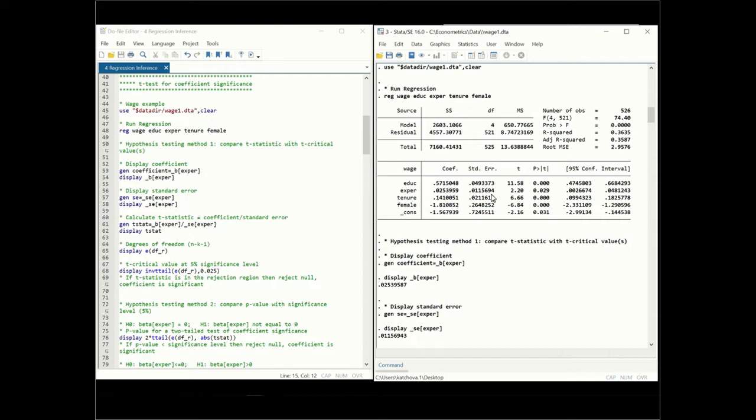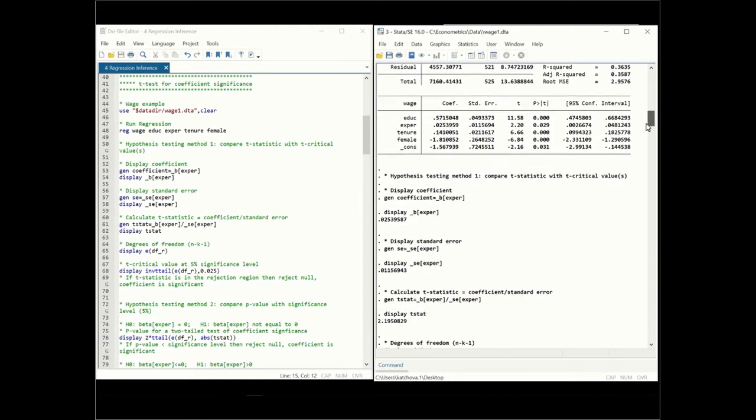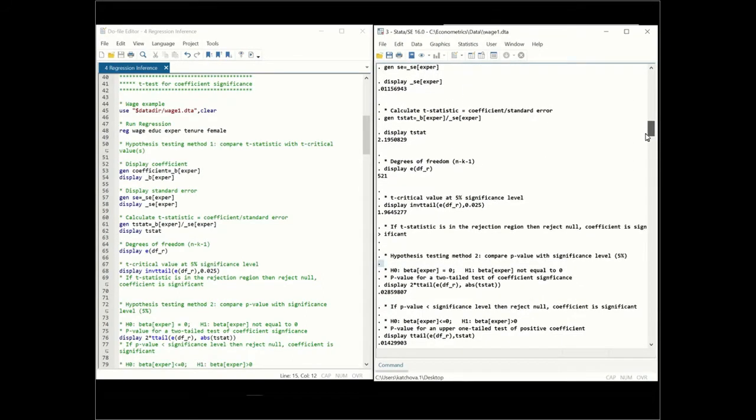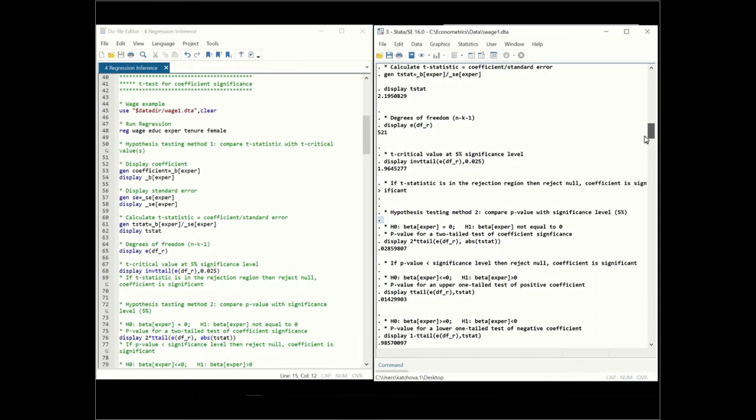So in order to calculate the t-statistic, we would be dividing the coefficient by the standard error. So we would be generating t-stat, which is _b, the coefficient, divided by the standard error, and we would be displaying the t-statistic, and notice that will be this number here. So here's the test statistic, and this is the number that I showed you there at 2.2.